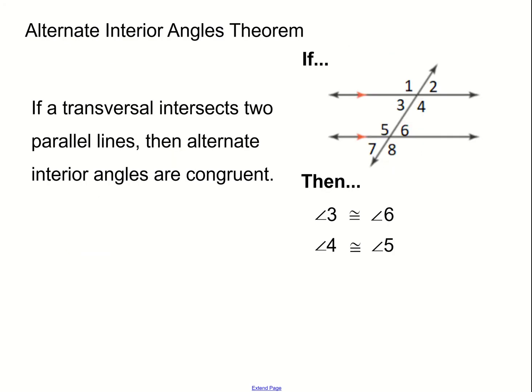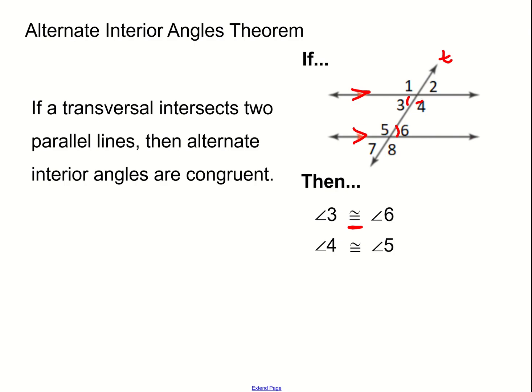All right, so now we're looking at the alternate interior angles theorem. If a transversal intersects two parallel lines, just like it was earlier, then alternate interior angles are congruent. And so here we have our transversal cutting through, and our alternate interior angles include angle 3 and angle 6. That means that they're congruent, they're the same.